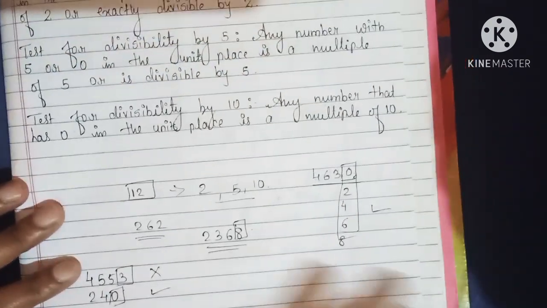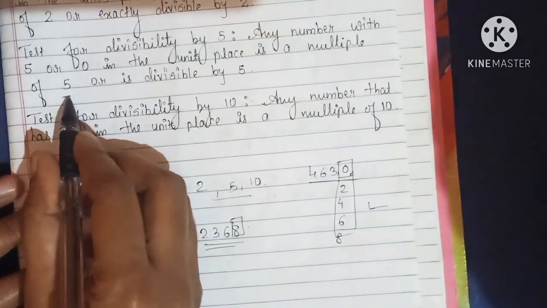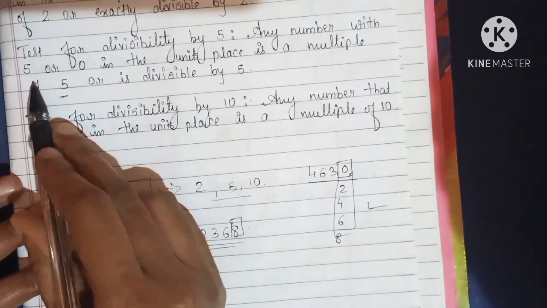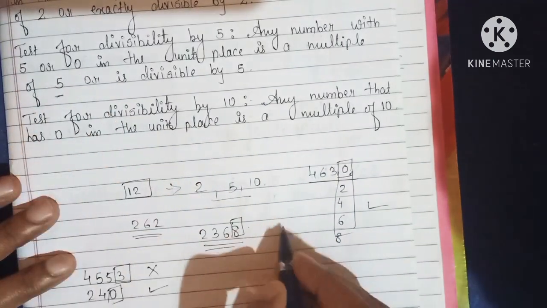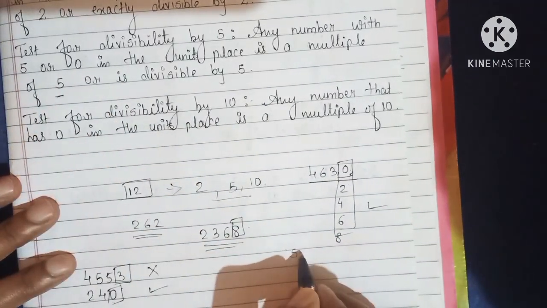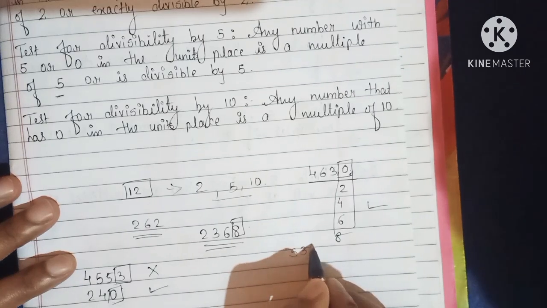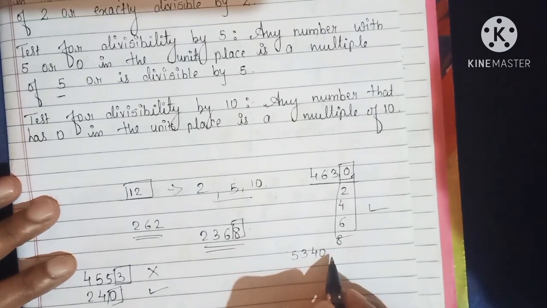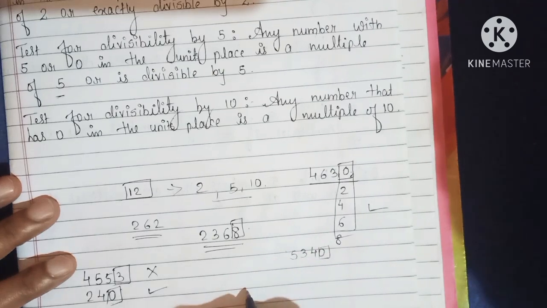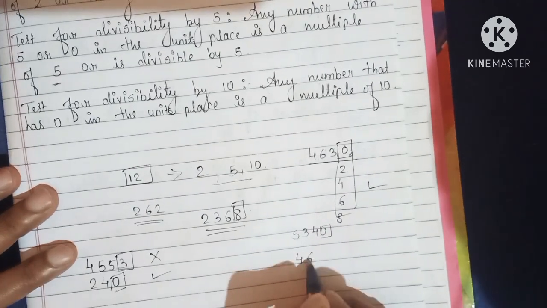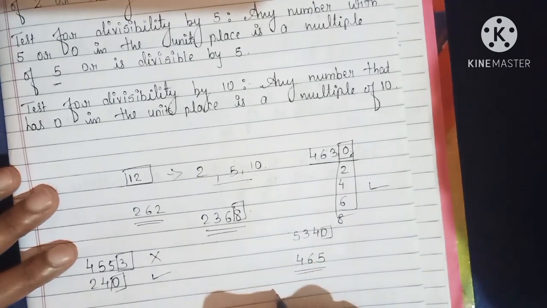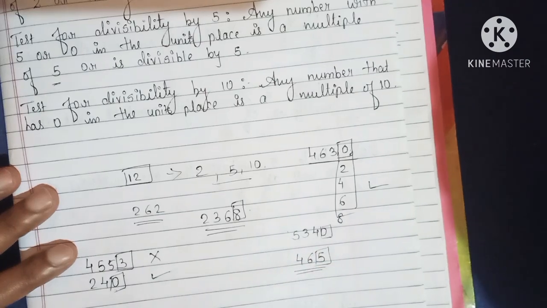The same way we can find out for 5 also. For 5 we should have the unit place 5 or 0. If I have 5340, that means this is divisible by 5 because the unit place is 0 here. For example, 465, this is also divisible by 5 because the unit place is 5 here.